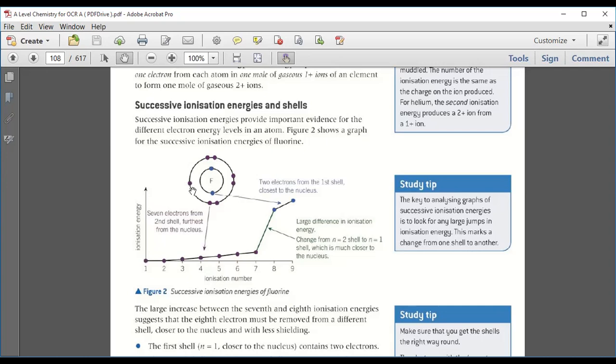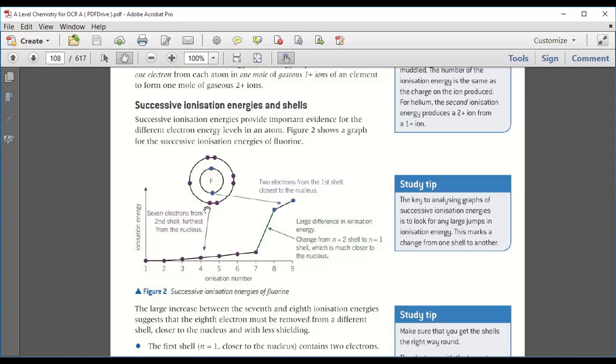Fluorine has a total of 9 electrons, so the configuration is 2 and 7: 2 electrons in the first shell and 7 electrons in the second shell, which is the outermost shell and the furthermost from the nucleus.